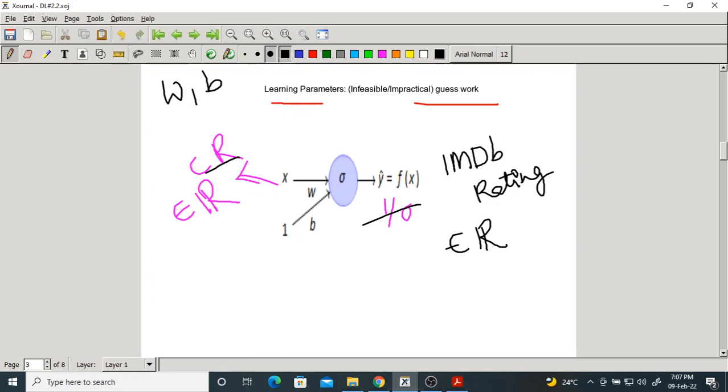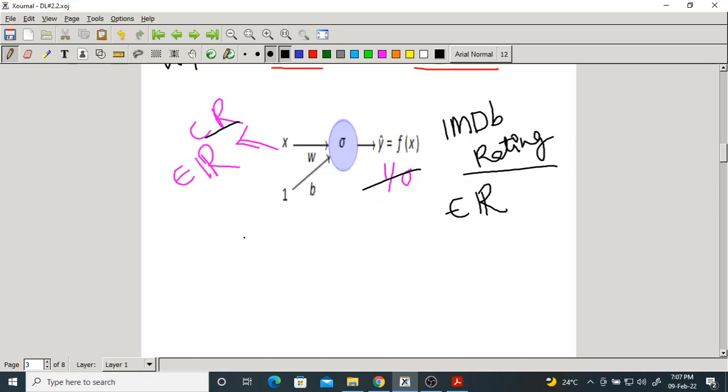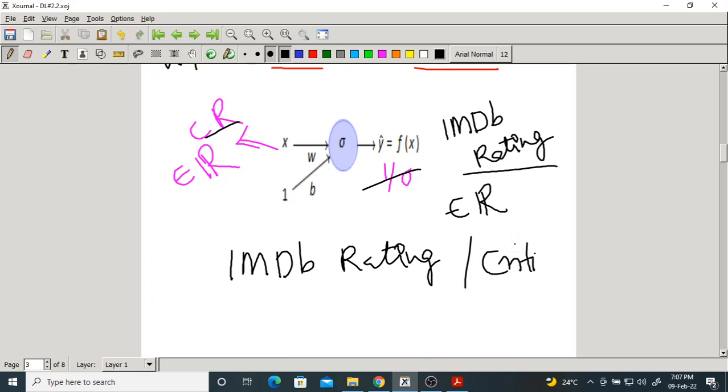So from this network, I want to find out the IMDb rating by taking critics rating as input. There is no reason as such, but I just want to know the relation between IMDb rating and critics rating. Is there any relation or not?